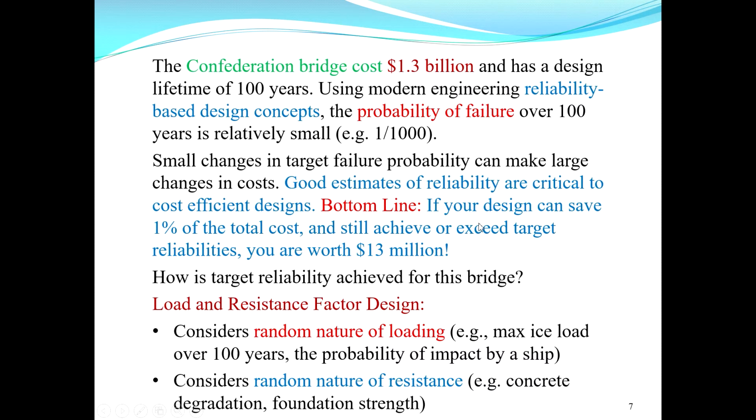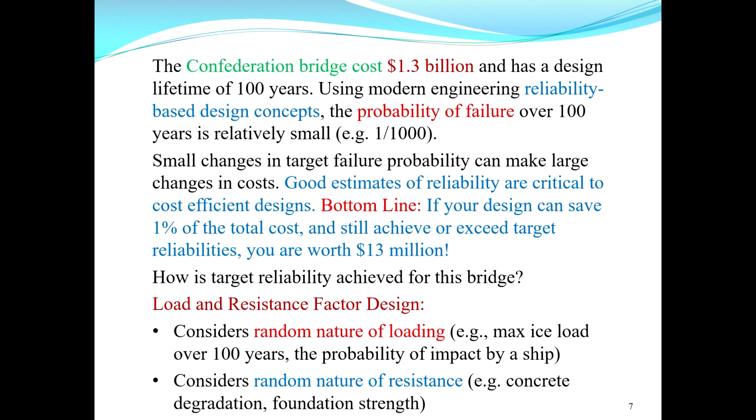And on the other side of the equation is the resistance. That is, what is the resistance of the concrete piers that we're building? What is the resistance of the slabs and the concrete decks that we're going to produce, and in fact the foundations?